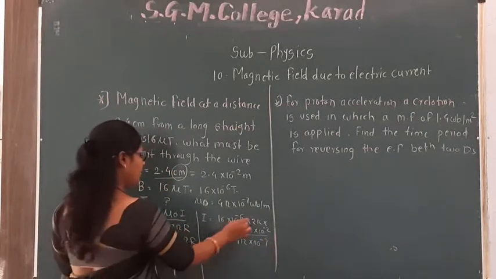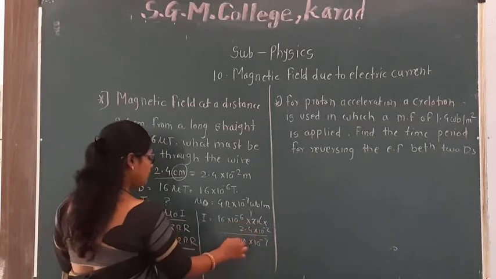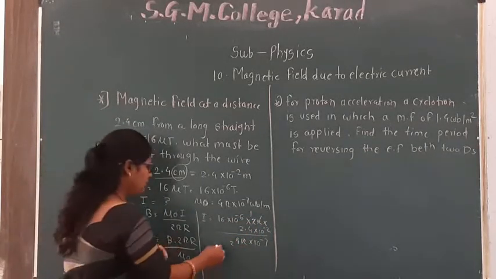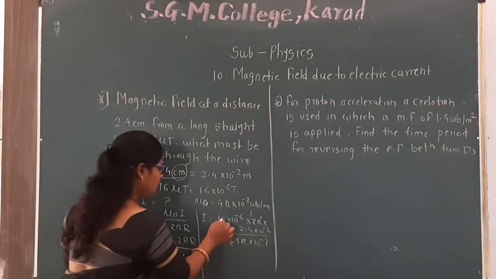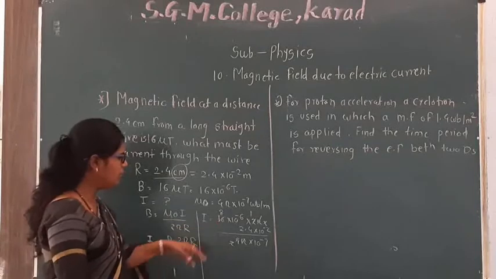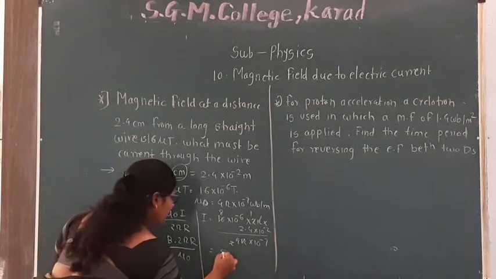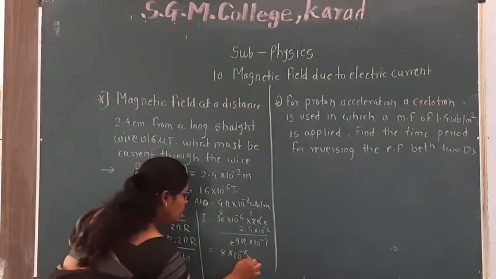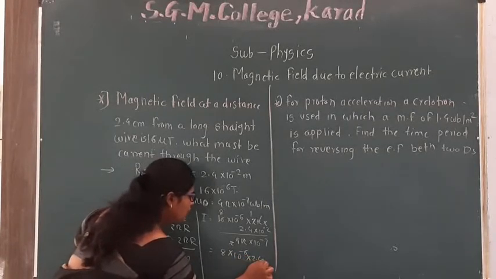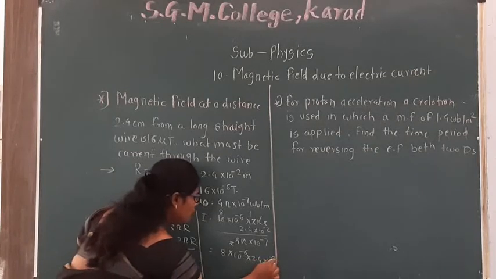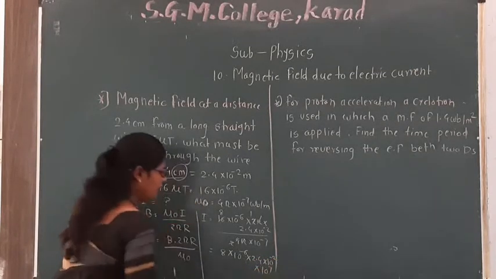Here pi cancels, 2 by 4 gives 1 by 2. Then 2's 8 are 16, so 8 into 10 raised to minus 6 into 2.4 into 10 raised to minus 2 into 10 raised to 7.